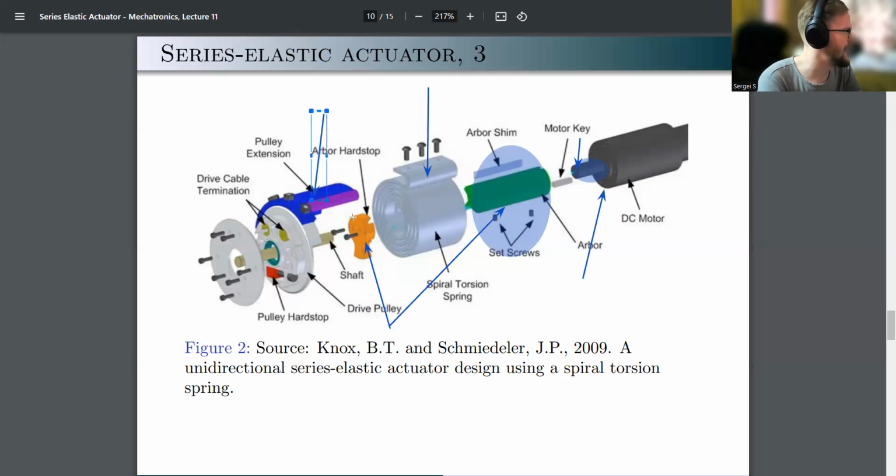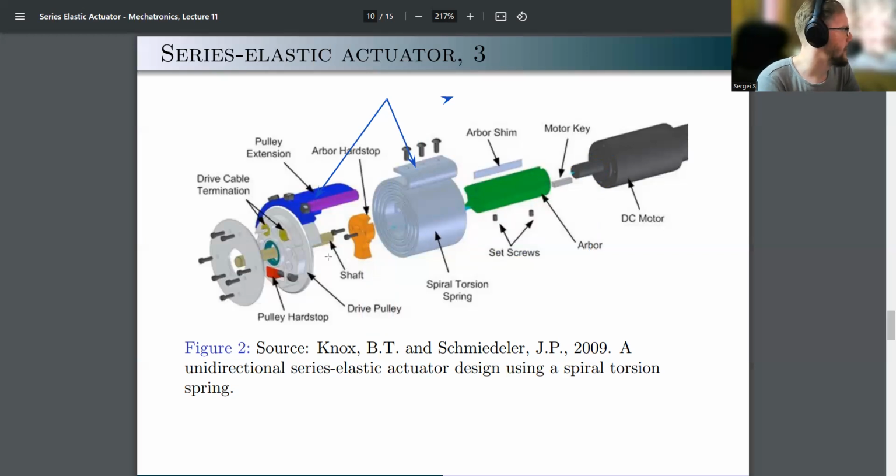This is the output shaft. It's kind of weird, but in this case, it will be connected to this guy here. The output shaft of the motor is mechanically connected here and here and here. So your payload will be connected here, which would mean it would be mechanically rigidly connected to this guy.